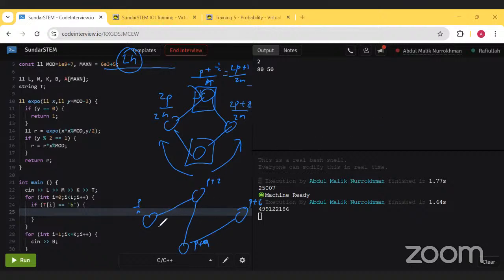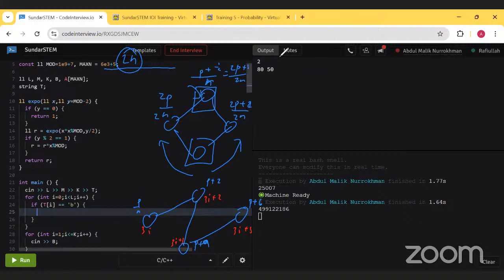Did you understand? Okay. So this is not 3i, and this is not 3i plus 1. This is 3i plus 2, and this is 3i plus 3. You can check with the description.